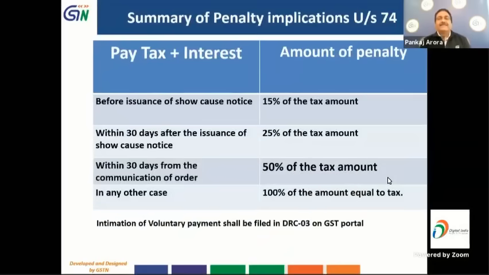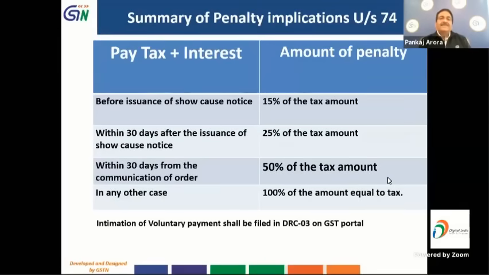And in case of section 74, where the short payment or non-payment or the erroneous refund or the wrong utilization of input tax credit is due to reasons of suppression, misstatement, or fraud with intent to evade tax, in such case also, if the person pays tax and interest before issuance of the show cause notice, along with 15% of the tax amount as penalty, then the proceedings will be dropped by the tax department.